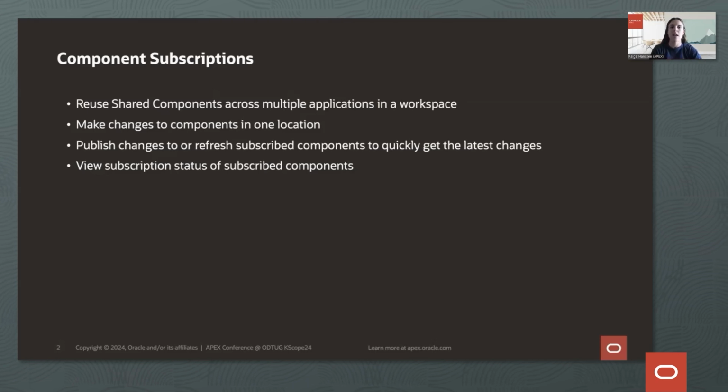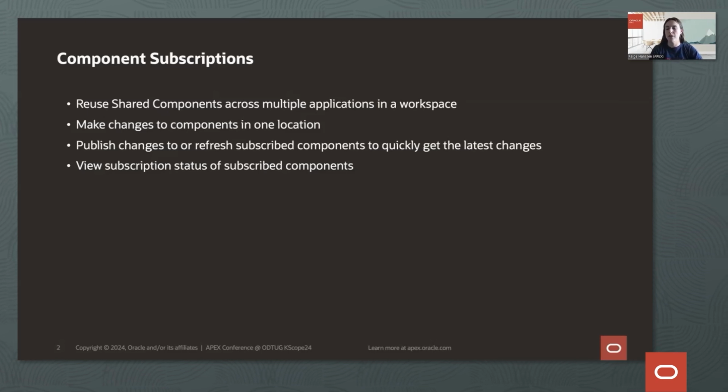This allows you to make changes to components in one singular location, and then from there, you can publish changes, and push and pull changes to subscribed components in other applications to quickly get those latest changes. You can also view the subscription status of subscribed components, which makes it clear when a subscribed component is out of date and needs to be refreshed, so that you understand when you can pull those changes from the subscribed component.